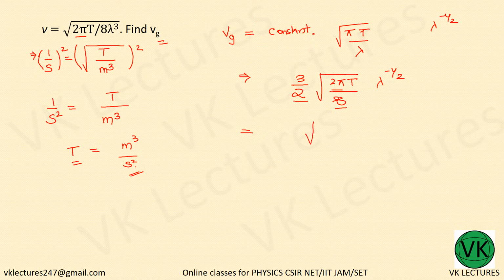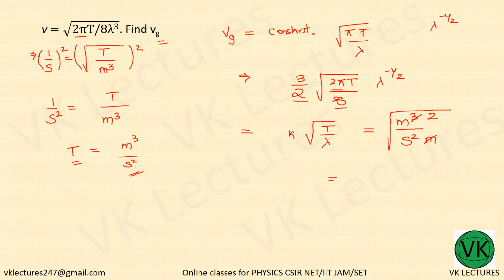So this is of the form t divided by some constant k into t divided by lambda. Now what is t's formula? That is meter cube per second square. So meter cube per second square divided by lambda, which is meter, under root. Here meter will get cancelled, you will get 2.